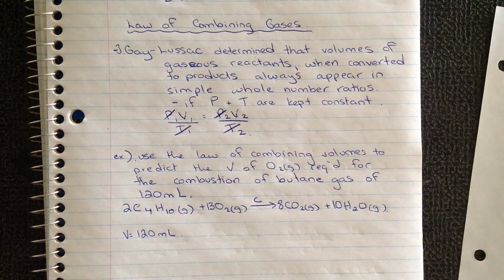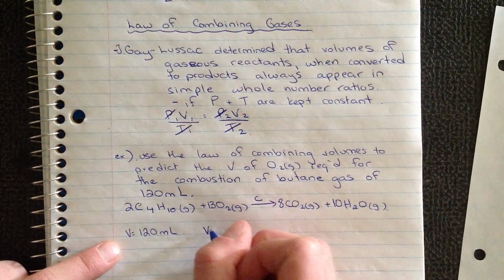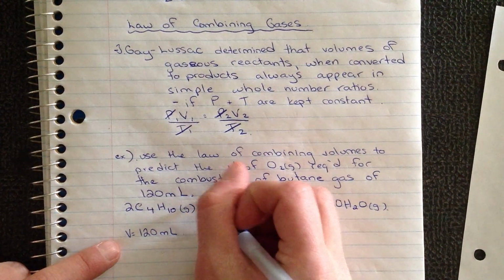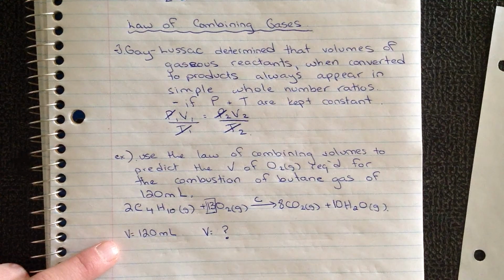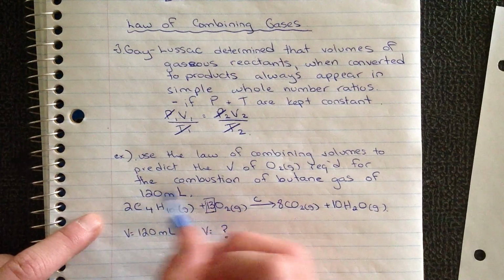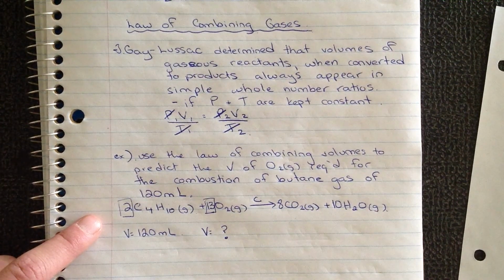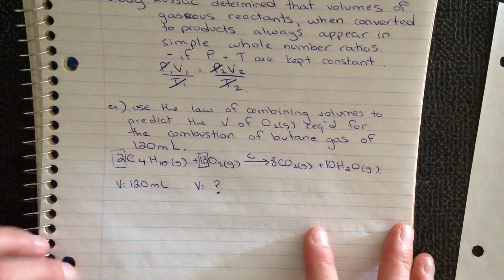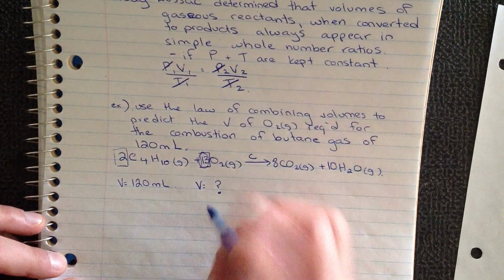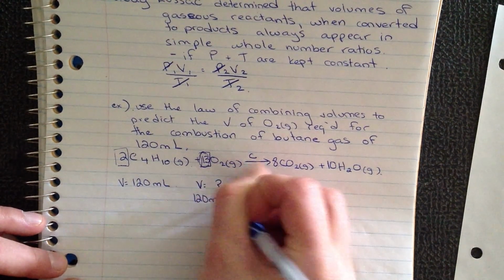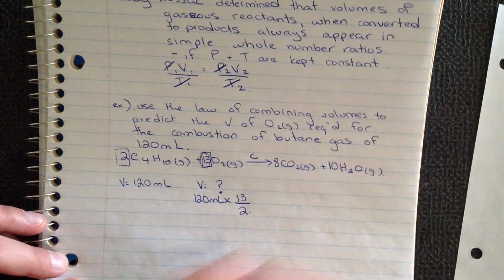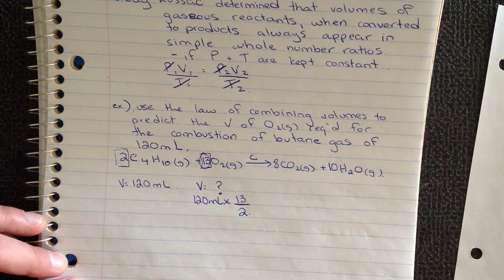So, for a situation like this, to figure out oxygen, you take the coefficient of the unknown value, so we're looking for oxygen, so you take it times 13, and then you work back to the information that you actually have. So you take 120 milliliters times 13 over the original coefficient of the information you were given.